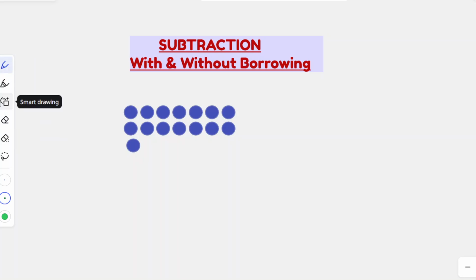Let us count them first. So we have 1, 2, 3, 4, 5, 6, 7, 8, 9, 10, 11, 12, 13, 14, 15. So how many balls do you have? 15 balls. Alright? So let's write, you have 15 balls. Okay.